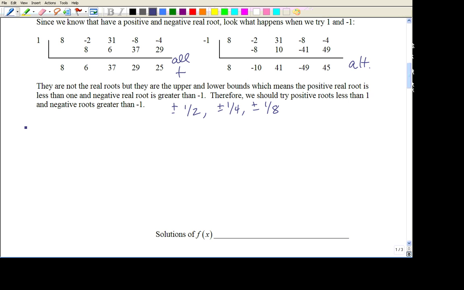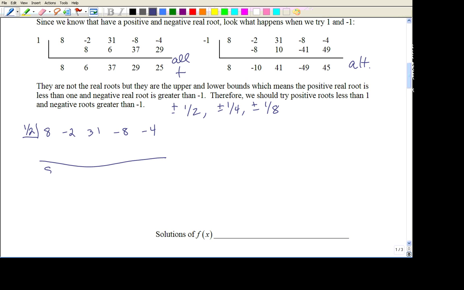If I start out with positive 1/2, and again I've got the same coefficients and constants, so I have 8, negative 2, 31, negative 8, and negative 4. We'll do synthetic division on that one.